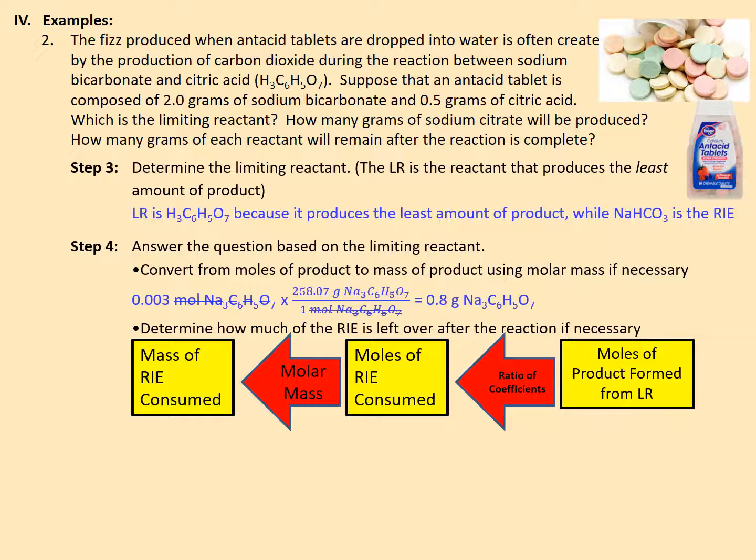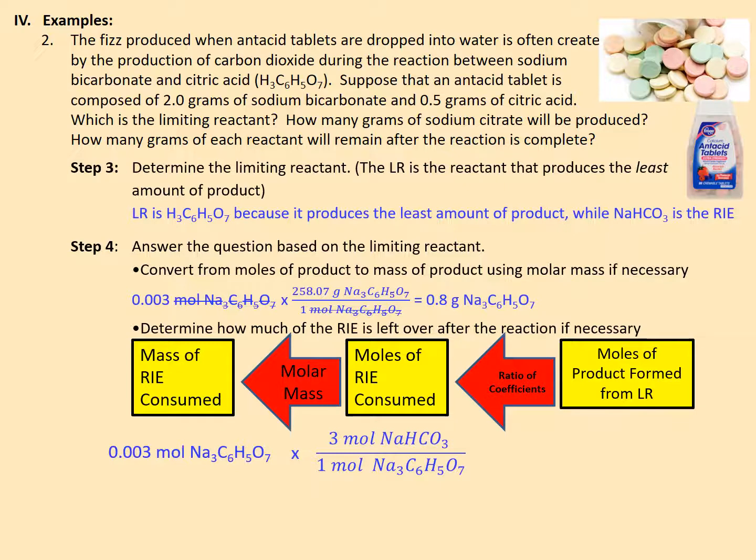Working from left to right here, we said that 0.003 moles of the sodium citrate would be produced. Let's use the ratio of coefficients from our balanced equation to figure out how many moles of the sodium bicarbonate would be required to produce that many moles of sodium citrate.